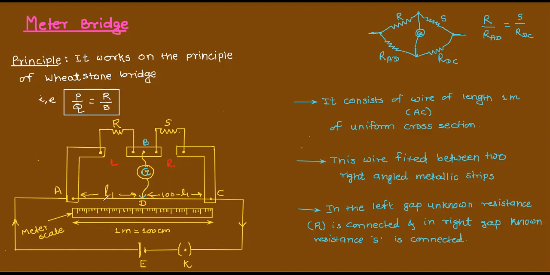The balancing point, where this galvanometer shows zero deflection. One more time, what is D? D is a point where this galvanometer shows zero deflection, and then we can say that the bridge is balanced. That is the balancing length L1. Got it?